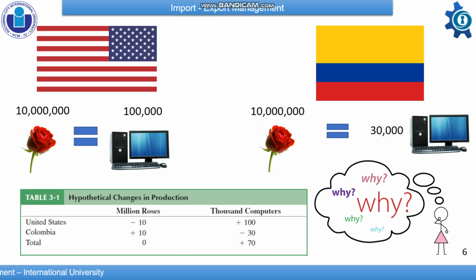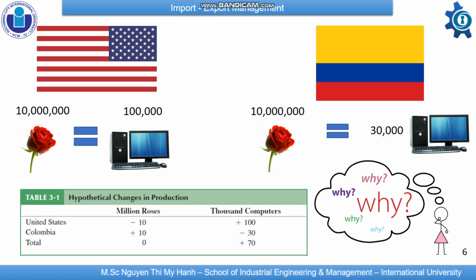So instead of producing computers, they spend that money on growing 10 million roses. So the opportunity cost for growing 10 million roses is 100,000 computers. Or another way, the opportunity cost of producing 100,000 computers is 10 million roses.